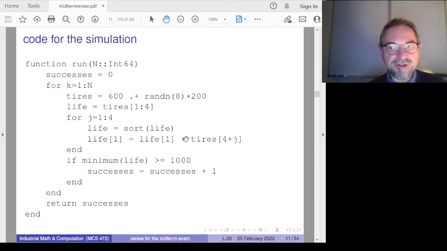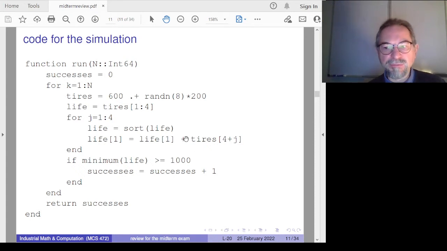So this simulation takes into account the replacement of the tires, and also the fact that we need 4 tires that have at least a lifespan of 1000. Each time when this happens, we count a success.